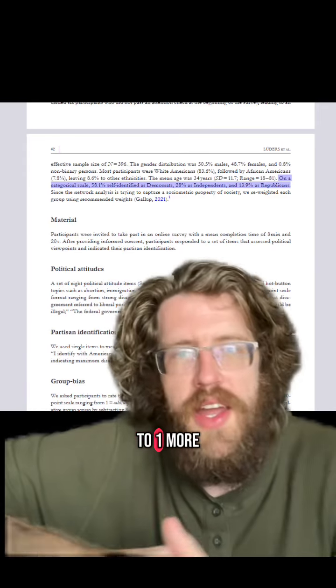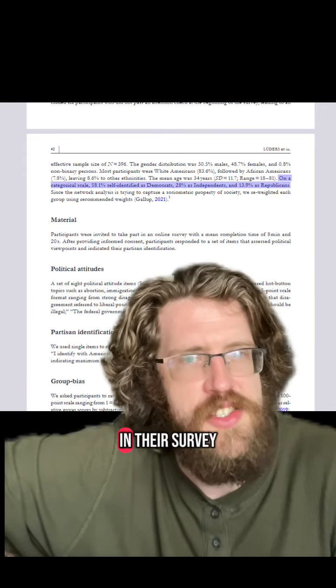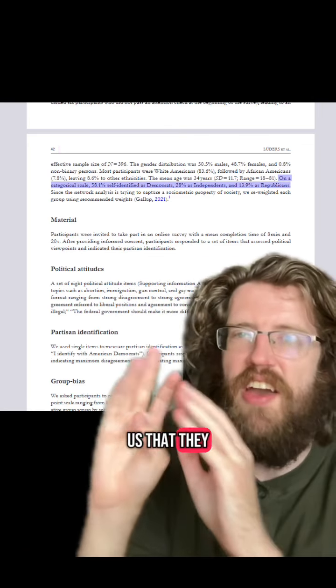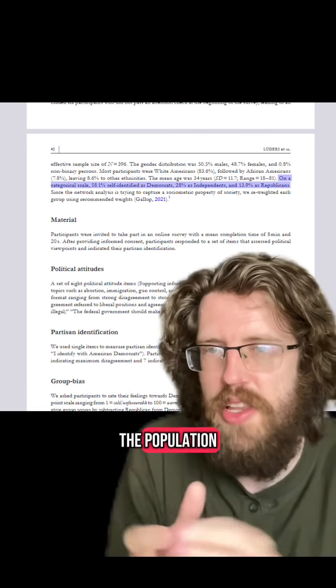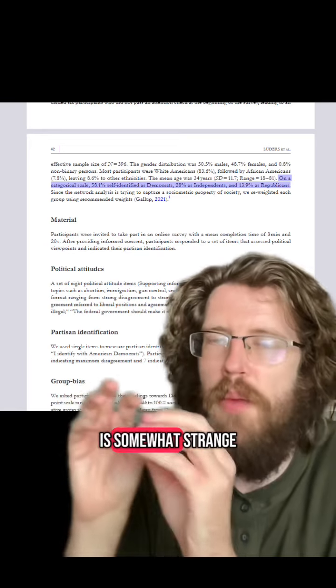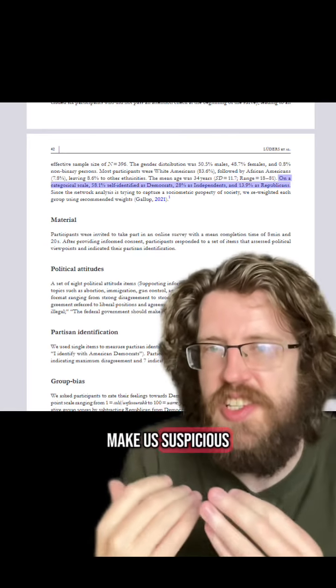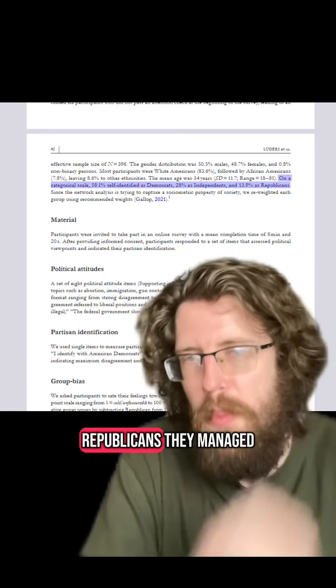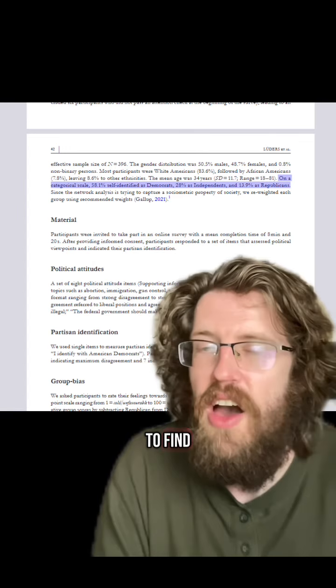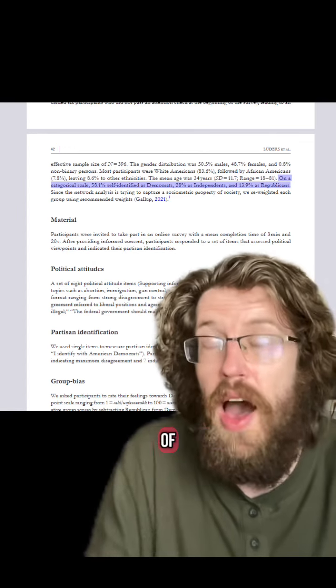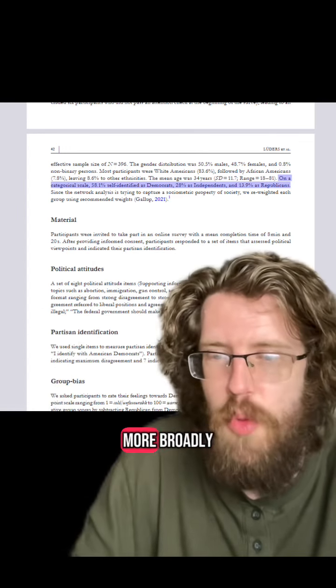Democrats are 4 to 1 more common than Republicans in their survey. That should tell us that they aren't evenly sampling the population, and their sample is somewhat strange, and that should make us suspicious that the few Republicans they managed to find are actually representative of Republicans more broadly.